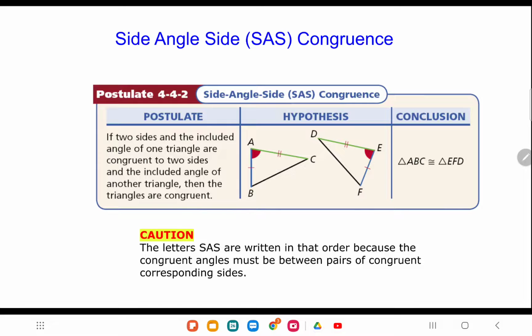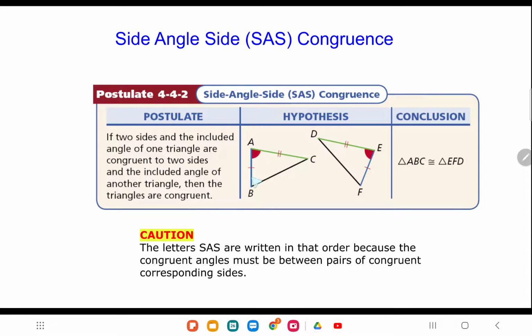What I find helpful in writing these congruent statements is starting at the included angle, traveling along one of the congruent sides to another angle, and then to the third angle, which should be at the vertex of the other included side, and using that same pattern to write my congruent statement.